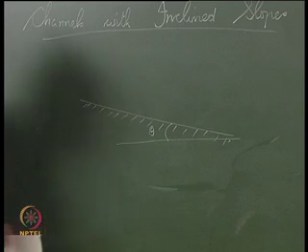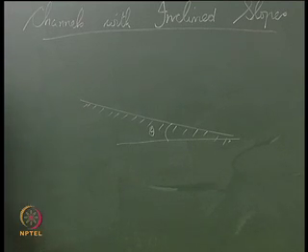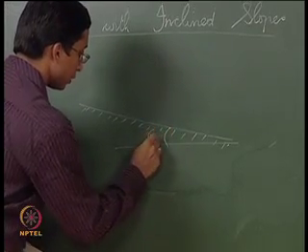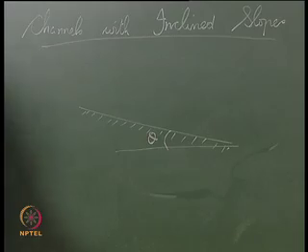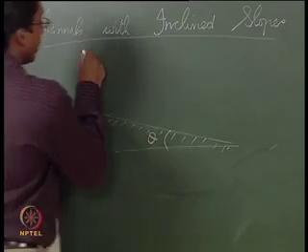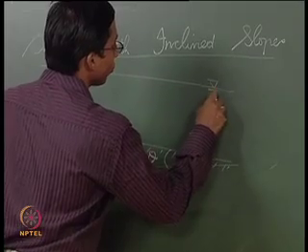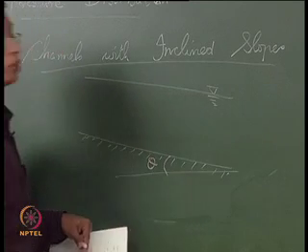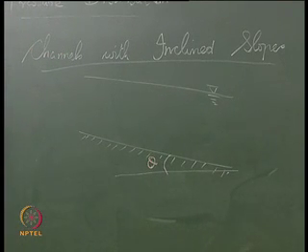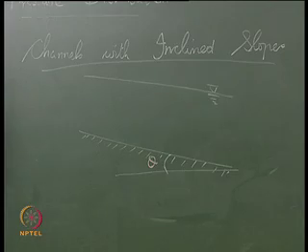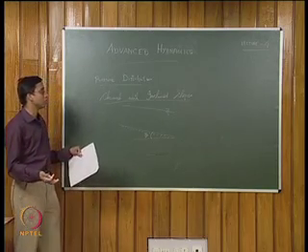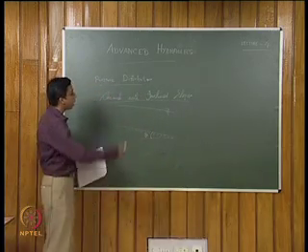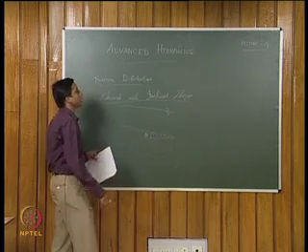I will mark it with a different color. The channel has a free surface flow. How will you analyze the pressure distribution for such a situation? You have already seen for a static fluid, and for a horizontal parallel flow, how the pressure distribution is. Now, how will you determine the pressure distribution in inclined channels?